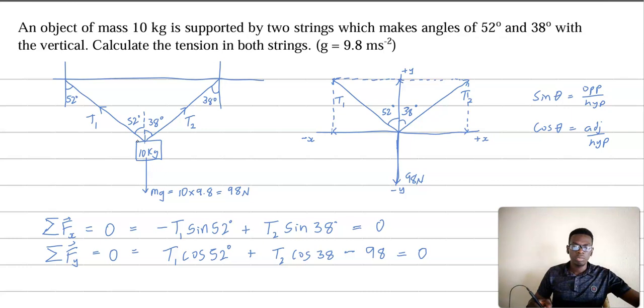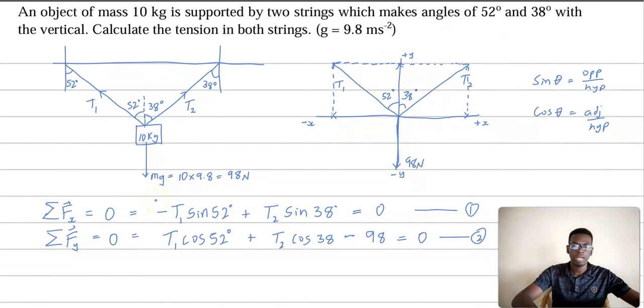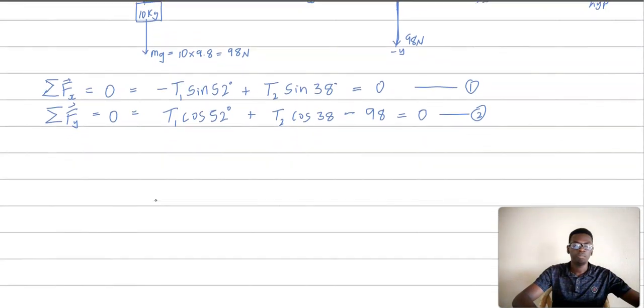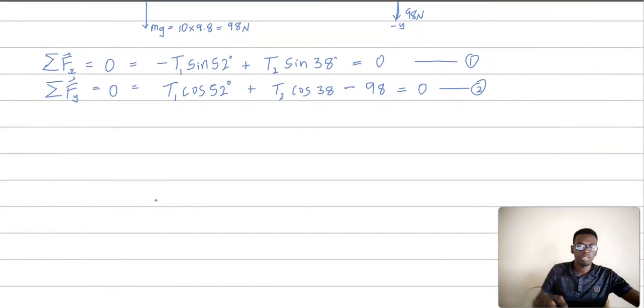Okay? So we have two equations that we have to solve. This is equation 1, and this is equation 2. We solve this system of linear equations simultaneously, and we can use the substitution method. So let's start from equation 1.